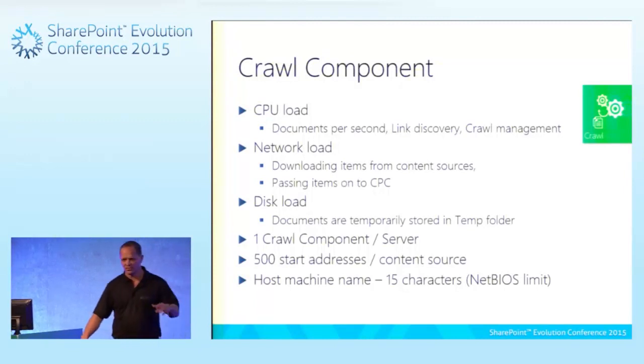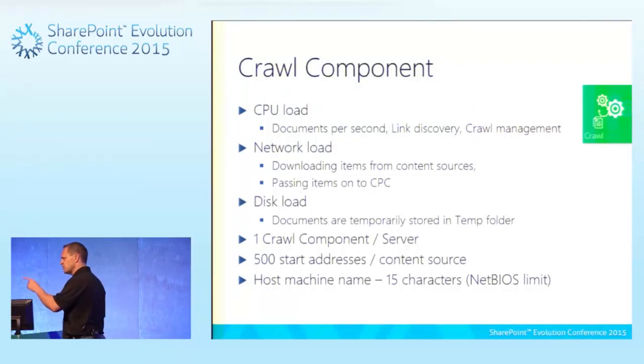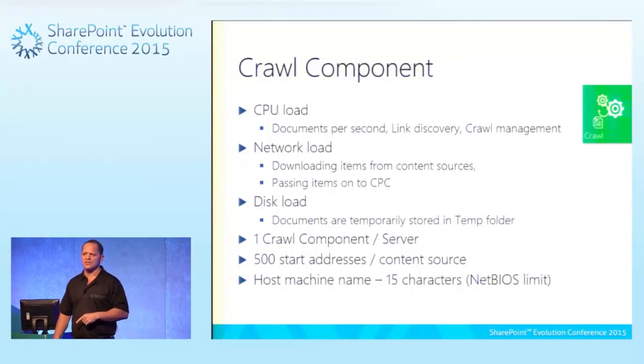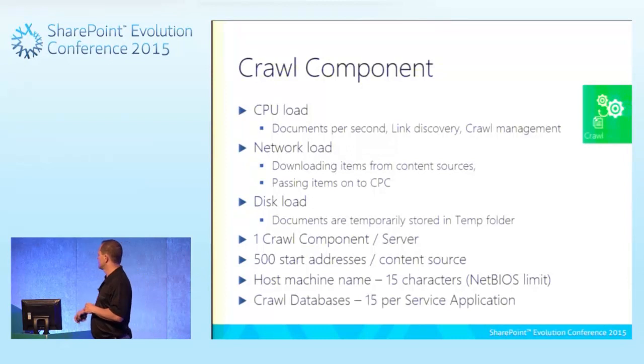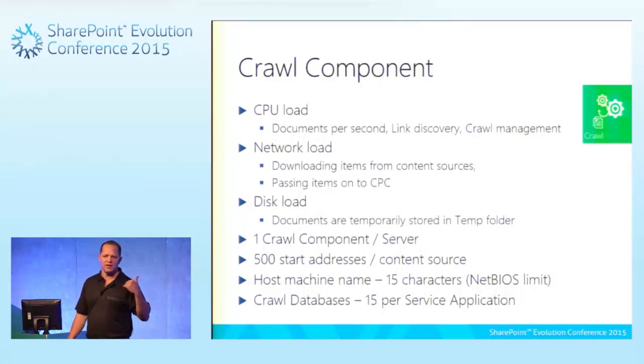I've had people who create a search service account named SVC_ search service account for SharePoint 2013, and they wonder why it doesn't like it. All right, stick to NetBIOS names. It's still a limitation. And you're allowed 15 crawl databases per service application. These numbers do change, so I've thrown out the current numbers. The links are in the document right at the end.